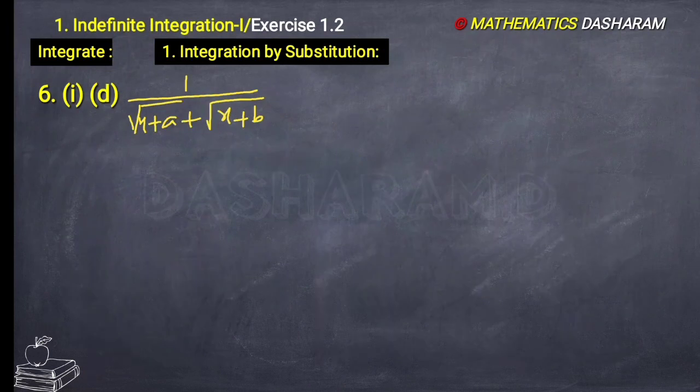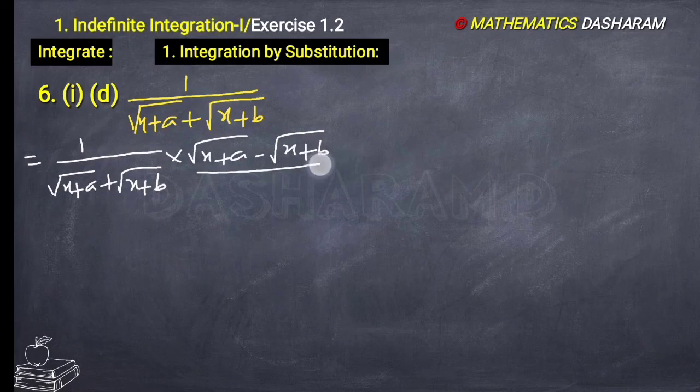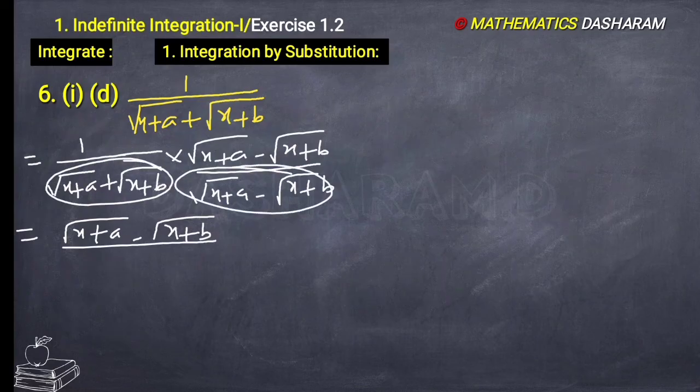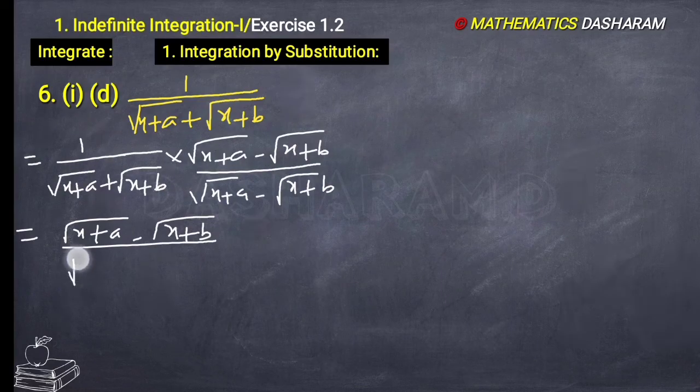D question, 1 by under root(x+a) plus root(x+b). So it is equal to 1 by, multiply and divide with root(x+a) minus root(x+b). So it is equal to root(x+a) minus root(x+b) divided by (a plus b) into (a minus b) formula, that is a square minus b square, so root(x+a) whole square.